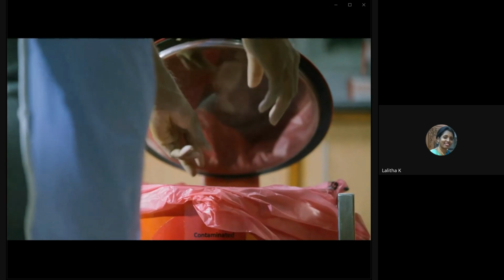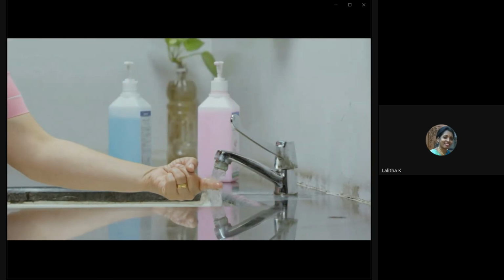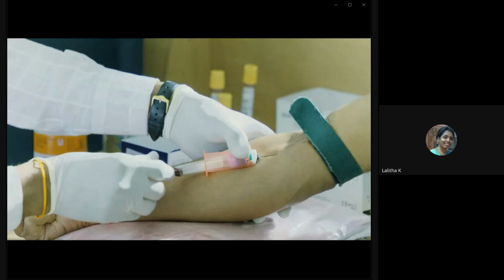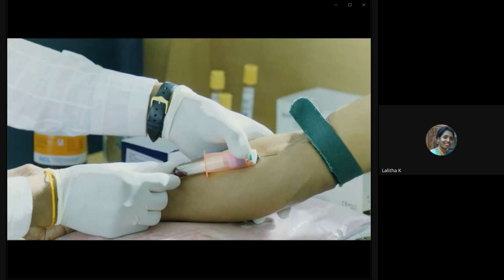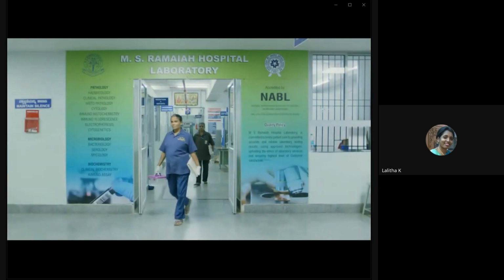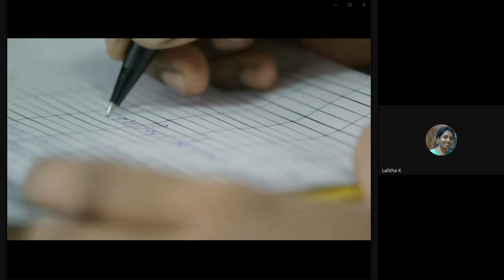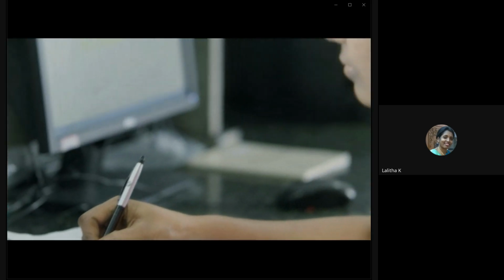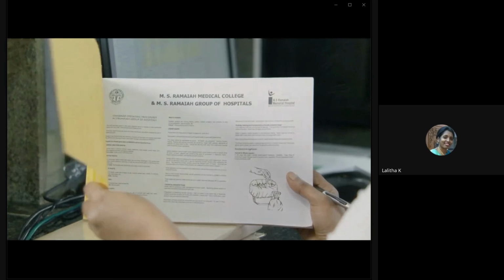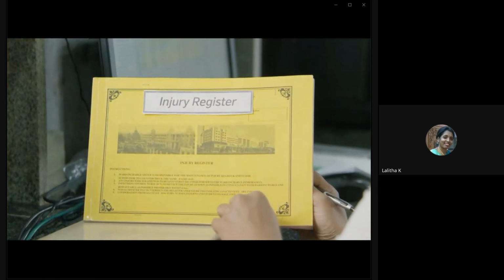Remove gloves and place hands under running water for 5 minutes. Collect blood from the source and the exposed person and send it to the lab for HIV and hepatitis B testing. Record details of the event and its follow-up in the injury register maintained at the hospital.